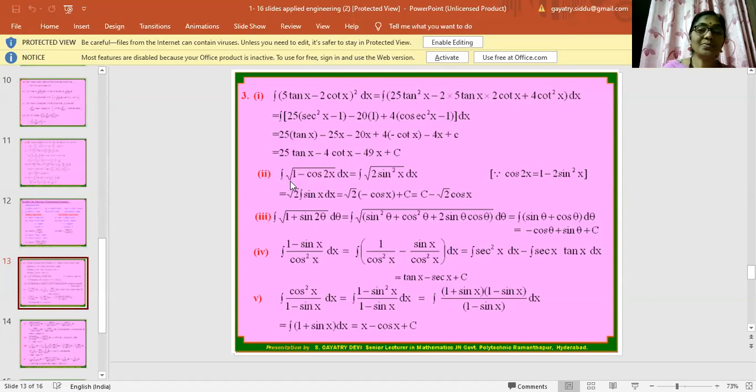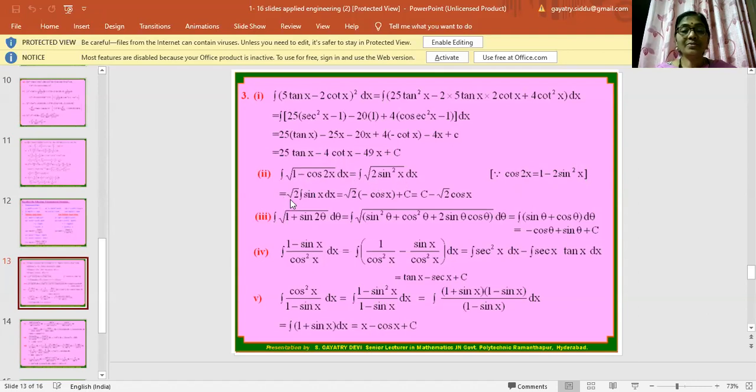Next, integral of root of 1 minus cos 2x dx. This 1 minus cos 2x can be written as 2 sin square x using the formula cos 2x equal to 1 minus 2 sin square x, the multiple angle formula. Taking this cos 2x to the right side and 2 sin square x to the left side, we get integral root of 2 sin square x.